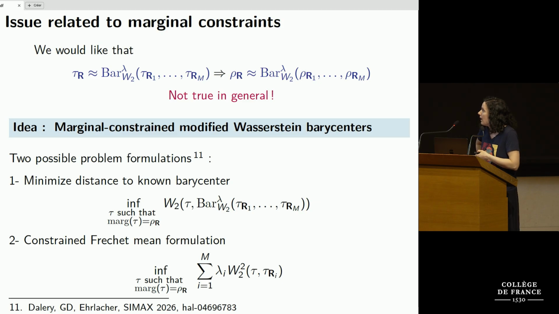One was to say we have a known barycenter in Wasserstein 2, and we minimize the Wasserstein 2 distance between this barycenter and some two-body density that will satisfy the marginal. The other natural possibility is to look at the Fréchet mean formulation: I minimize this cost function and I constrain the marginal. In practice, it turned out to be easier to look at the first formulation, for the reason I will show you.